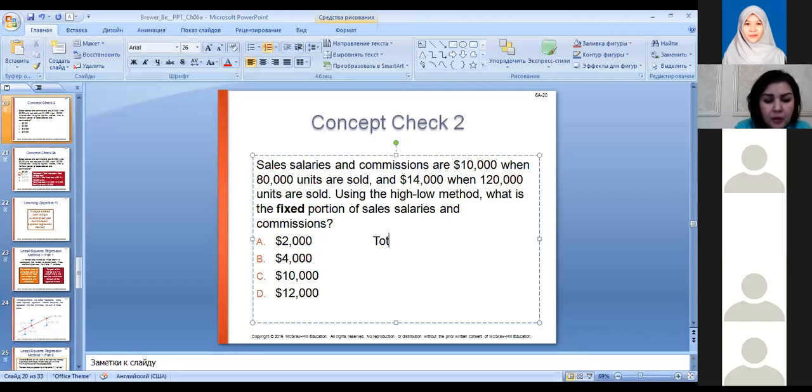We have total cost equal to total fixed cost plus total variable cost.